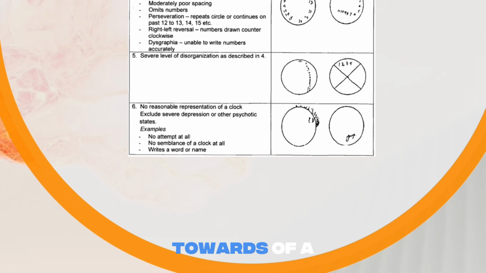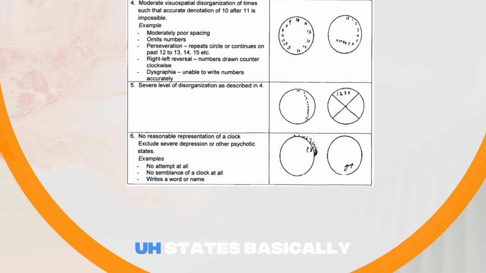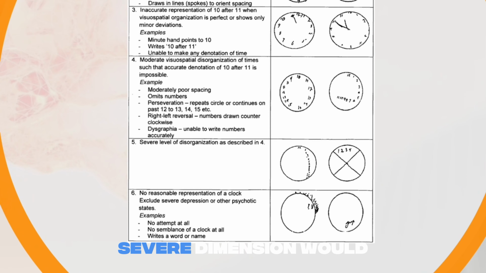So it would be more towards a severe type of Alzheimer's or psychotic, for example, or severe depression or psychotic states. Basically, they didn't even try here. So no attempt at all. It doesn't look like a clock, right? Write the words or name there. Severe dementia would be kind of on number 5 because they did attempt, but it's very confused, right? Disorganized.